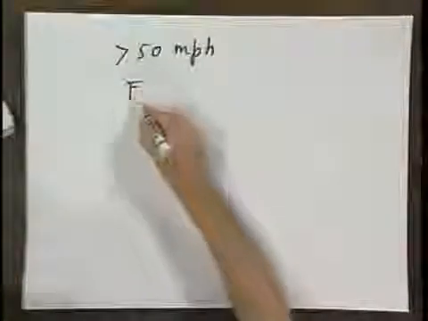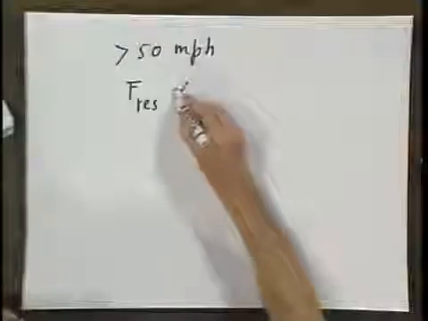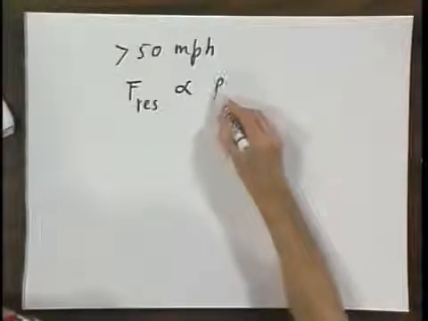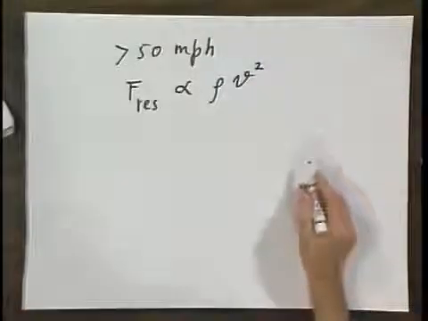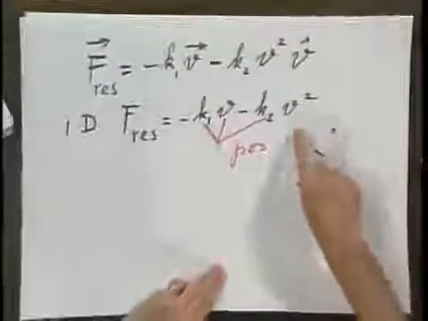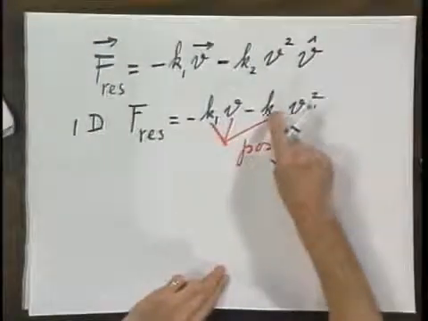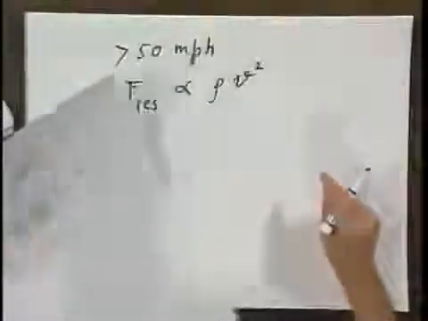The resistive force is proportional to the density, we will discuss this later in some more detail, and also the speed squared. It is this term that dominates, and K2 holds, among other things, the density of the medium.